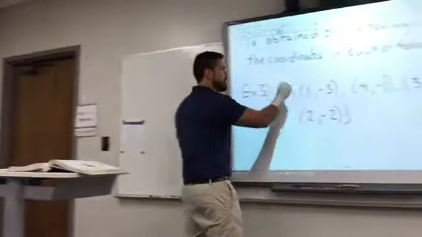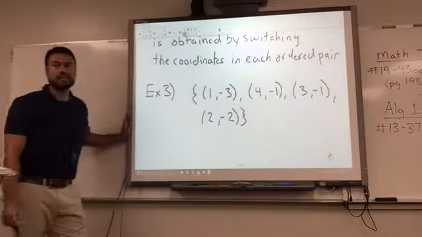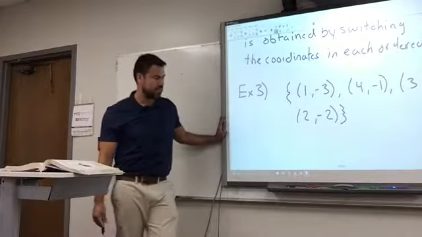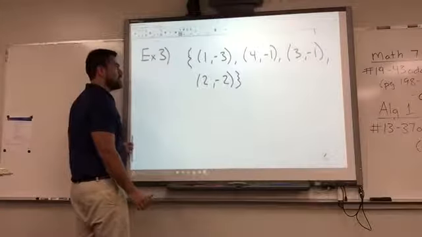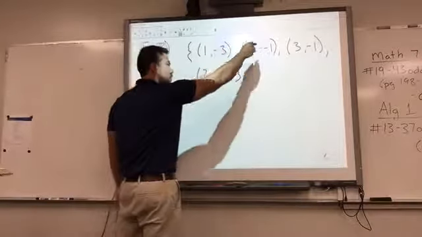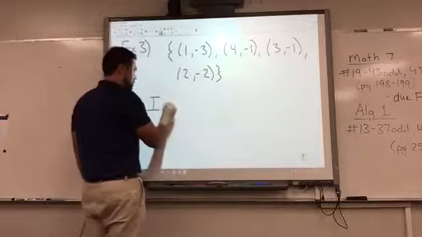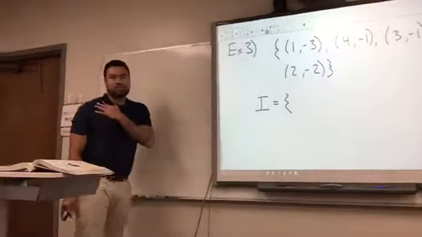Okay, here's the fun part. Ready? This is the set of ordered pairs. What did it want me to do next? Write the inverse. So on your homework, you have to do this. You're going to have an ordered pair set. That's your first set. Then I need you to put the letter I or write out inverse, whatever you want to do, and start another set. And here's what you get to do.